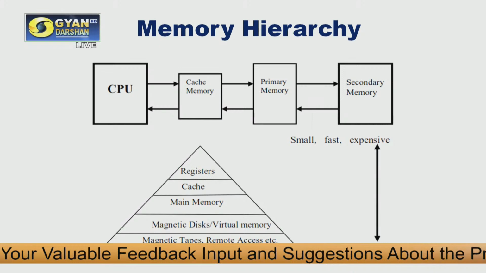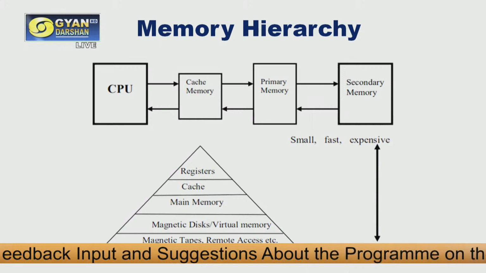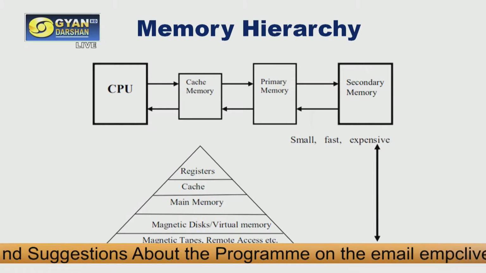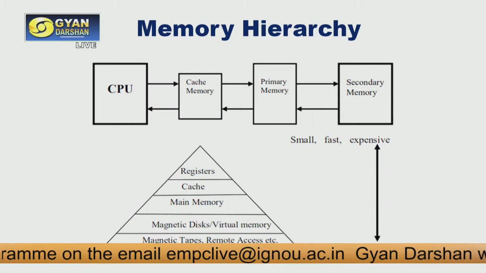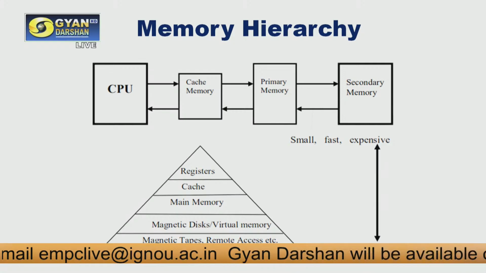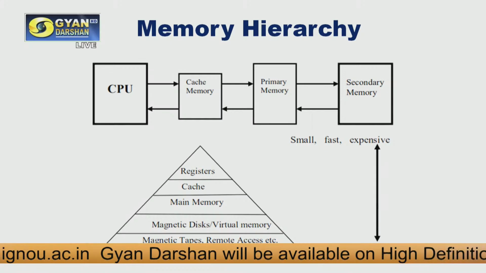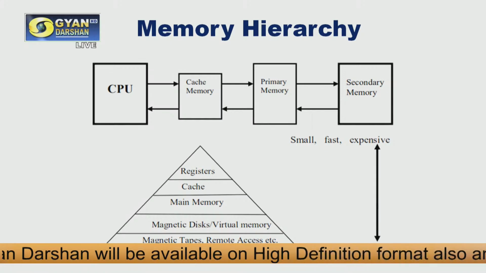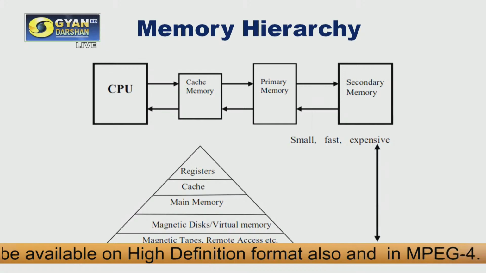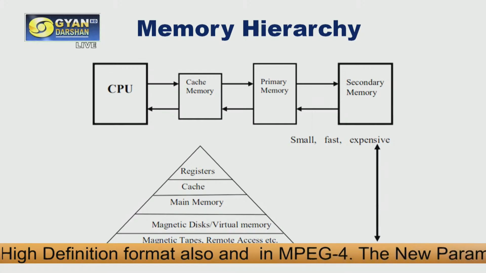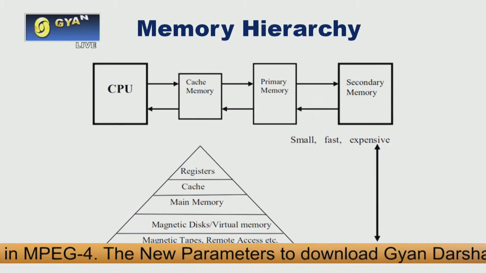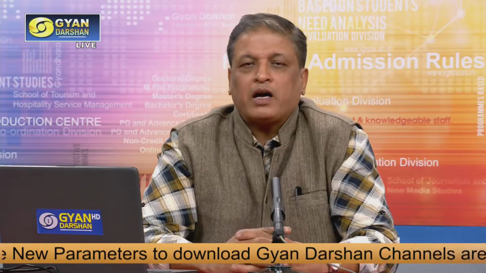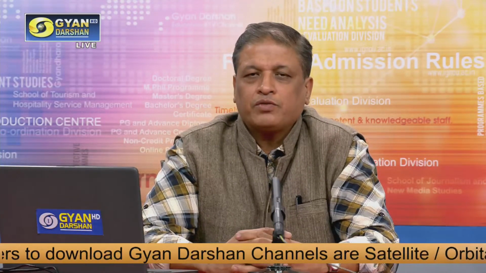The direction from bottom to top means the memory is moving from slower access time to faster access time, and storage capacity is small in case of registers but large in case of magnetic and optical memories, whereas registers are quite expensive and magnetic and optical memories are reasonably cheaper. So these are the parameters on which we classified the memory, and this is what is known as the memory hierarchy.